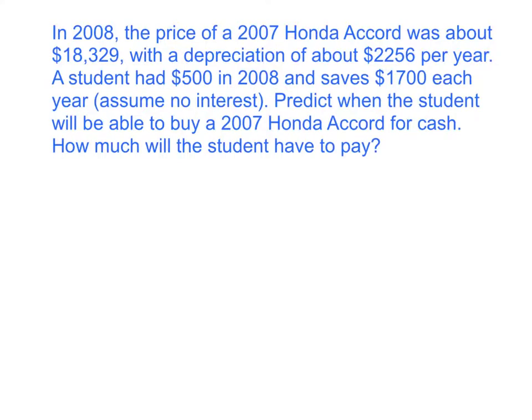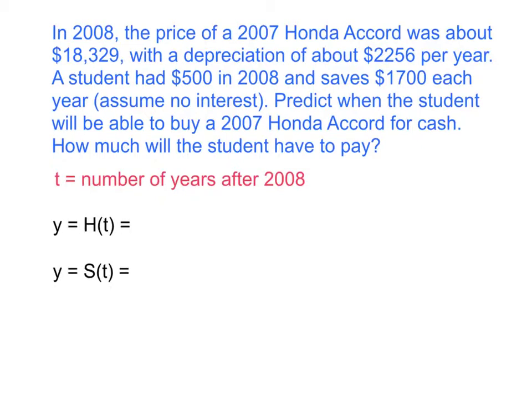Let's start by defining our variables. Let's let t be the number of years after 2008. Now, our first job is going to be to come up with two different linear equations, one that represents the price of that 2007 Honda and another one that represents the amount of money the student has saved.